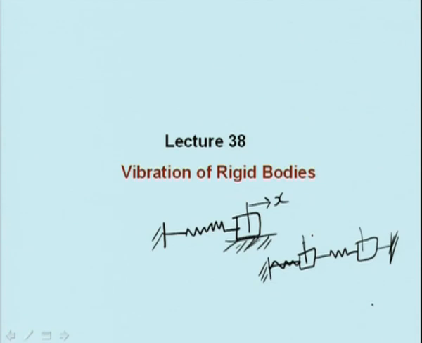Now, if you go to bodies, we discussed in the first lecture itself the concept of continuum, where we consider that the body is a continuous matter, mass is continuous, therefore, there are infinite number of particles actually, and as such, if the body can undergo deformation, then there are infinite degrees of freedom possible.